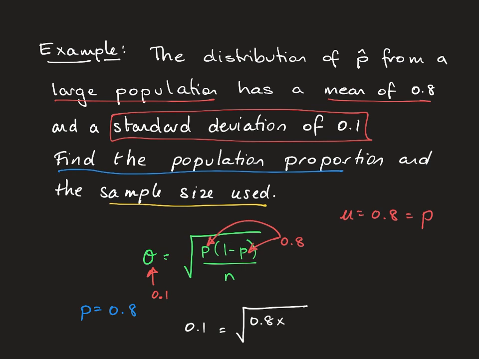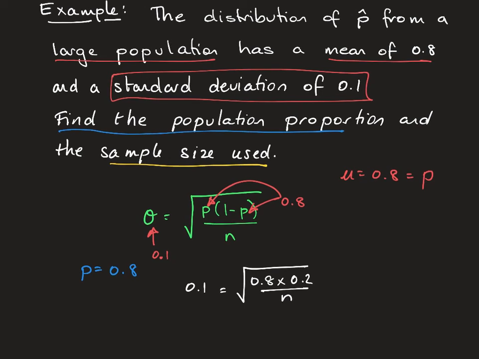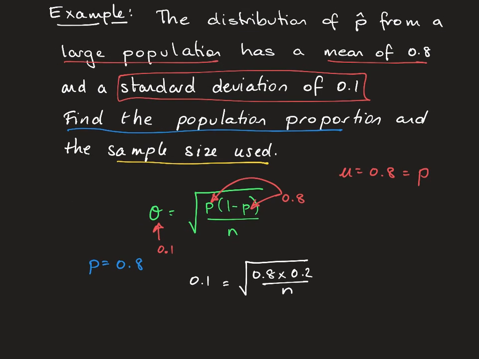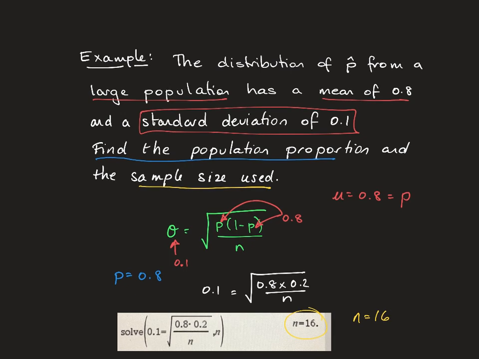So 1 minus 0.8 is 0.2 over n, and now we simply just solve this on our CAS to find the sample size. And so our sample size is 16.